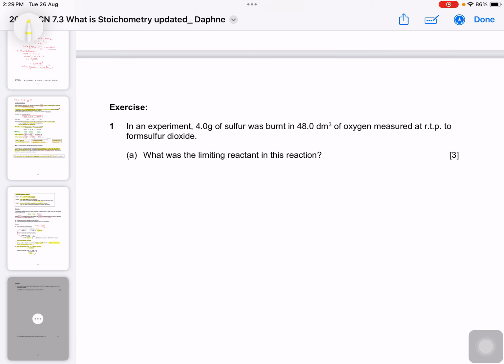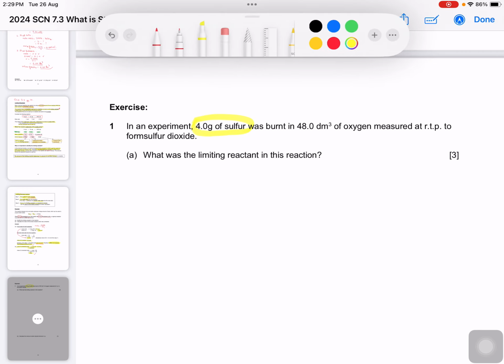In an experiment, 4.0 grams of sulfur is burnt in 48 dm³ of oxygen. Grams tells us this is a mass. 48 dm³ tells us this is a volume of gas. Oxygen is a gas. What was the limiting reactant?